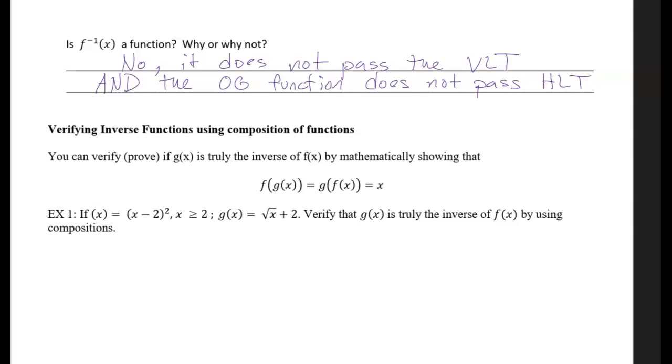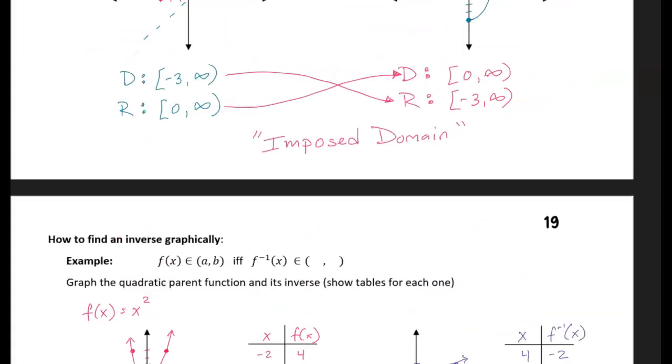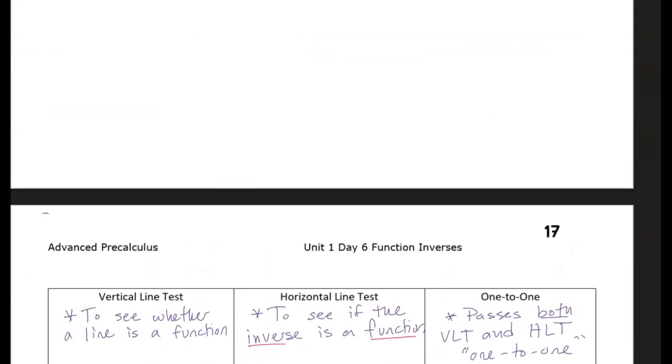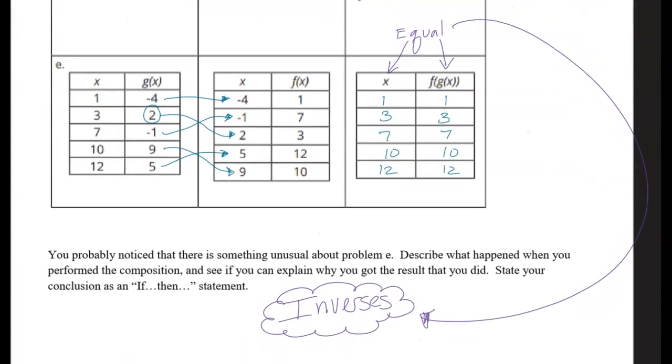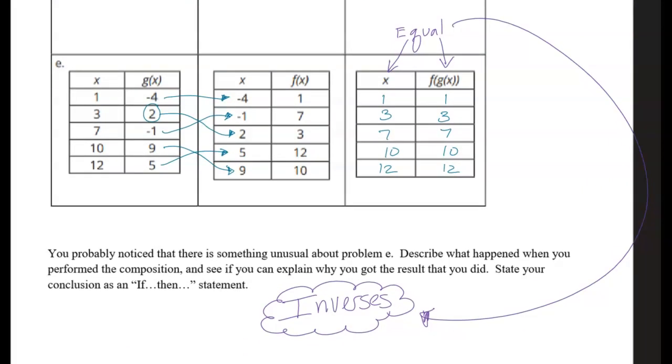Just like we had to algebraically prove odd and even, we have to know how to algebraically prove that functions are inverses of each other. Now, look back up here. You don't have to flip to your page, but what about these tables told us that these were inverse functions?